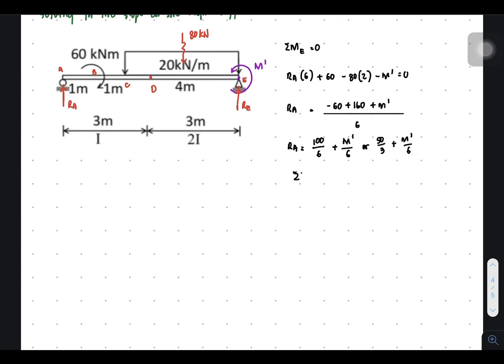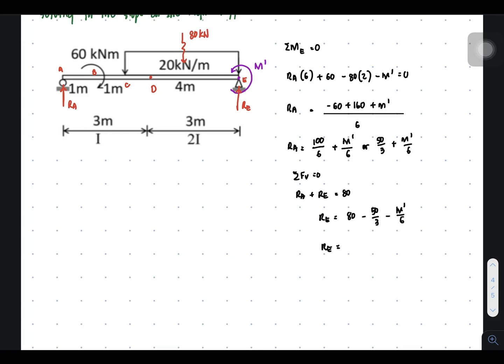Then let's solve for RE by having the summation of forces vertical equal to 0. You will have RA plus RE equal to 80. And since RA is already known, then we must have 80 minus 50 over 3 and m prime over 6.